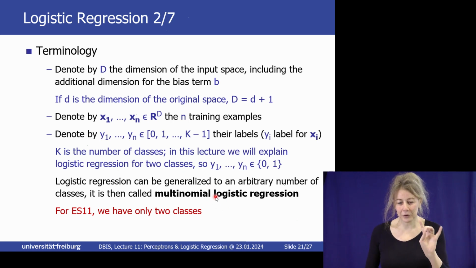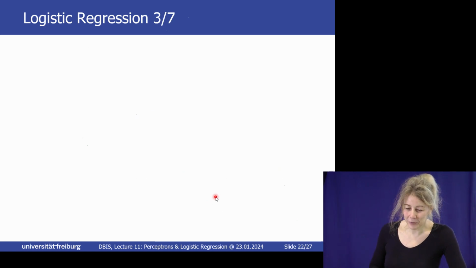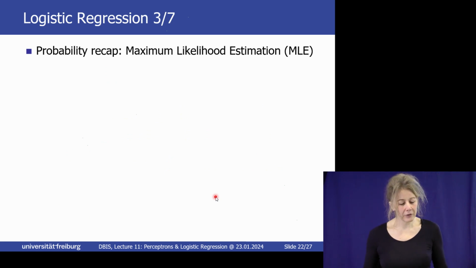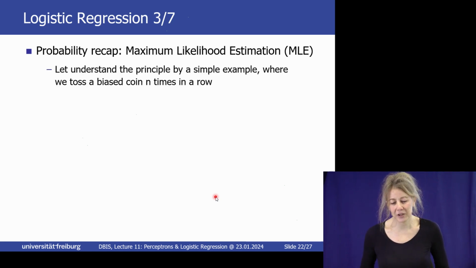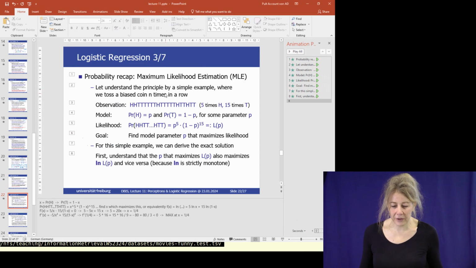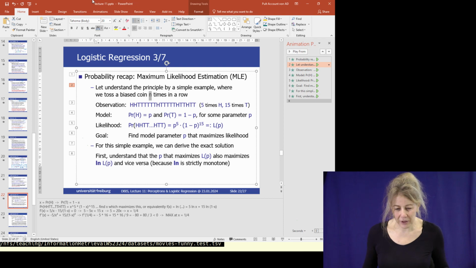5 more slides to go, but mathematical slides. This one is also easy and nice, but maybe something you didn't fully understand in the past, so it's just a quick recap. Maximum likelihood estimation. I deliberately did that because it's important.